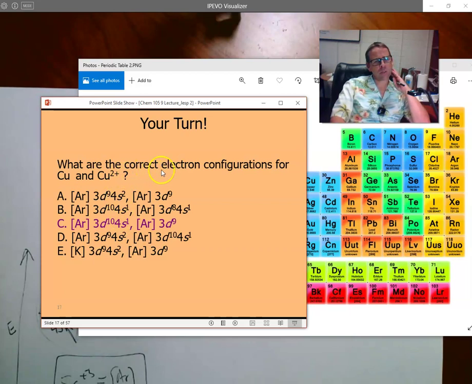Let's see, what are the correct electron configurations for copper? Oh, sorry. 1 electron here for copper moves from the 4s to the 3d. So copper's electron configuration is actually 3d10 4s1. And when we lose +2, one comes from the 4s1 and one comes from the 3d10. All right.